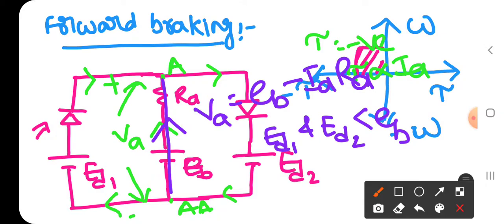The mechanical power is converted into electrical power and fed back to AC mains through converter 2.